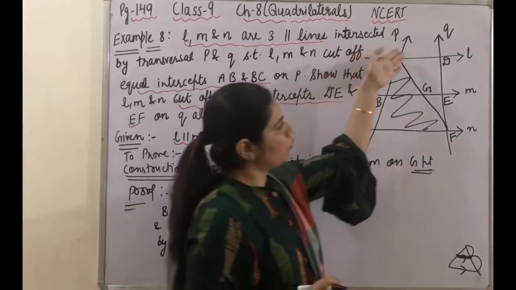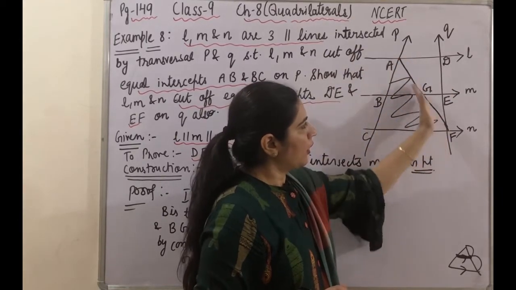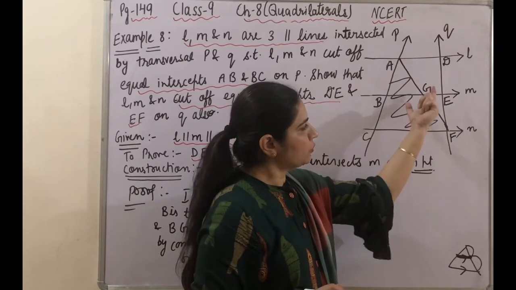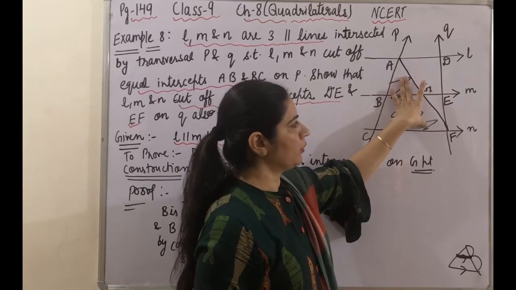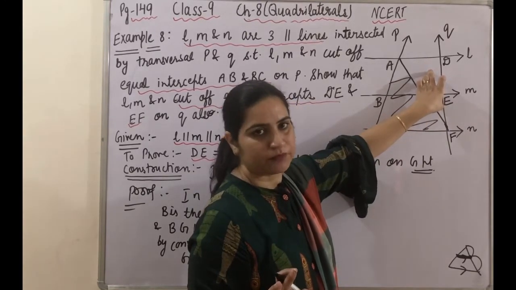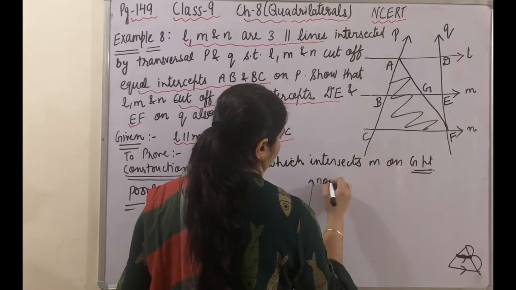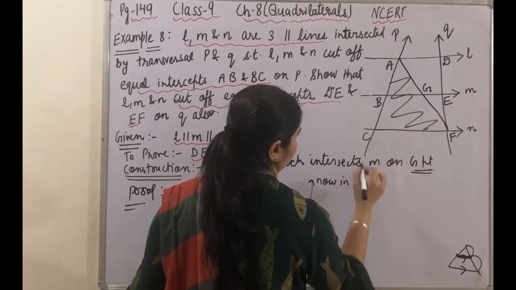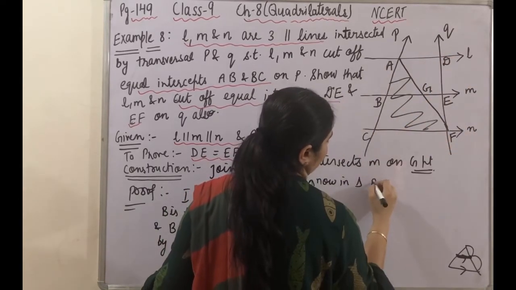This was a trapezium. When I joined this line, I divided the trapezium into 2 triangles. Here I applied the converse of midpoint theorem. Here in this portion also I am going to apply the same theorem. Now I will take triangle ADF.